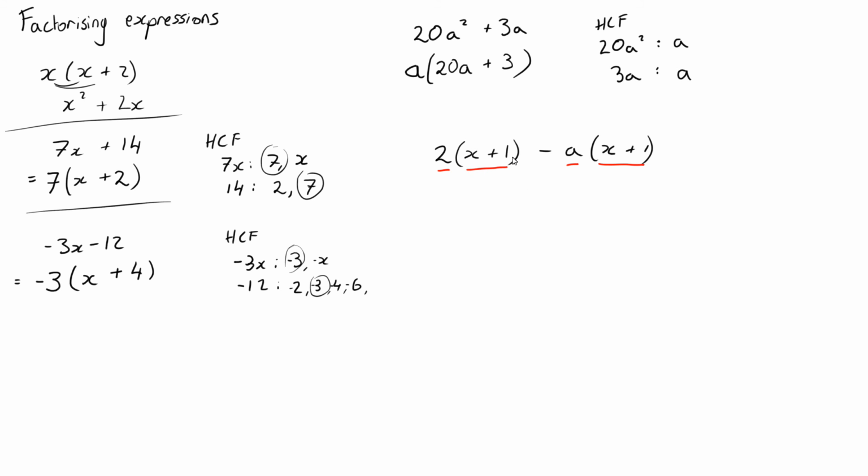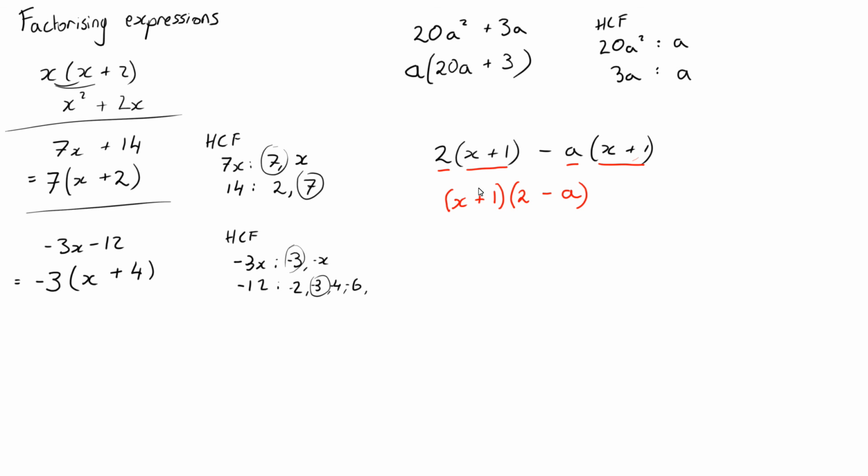Now, in the brackets, these expressions are the same. So what I can actually do is take that as a common factor. That becomes the factor between these two expressions. So I say to myself, x plus 1 times what gives me 2 times x plus 1? Well, the answer in this case is going to be a 2. And x plus 1 times what gives me minus a times x plus 1? Well, it's actually a minus a.